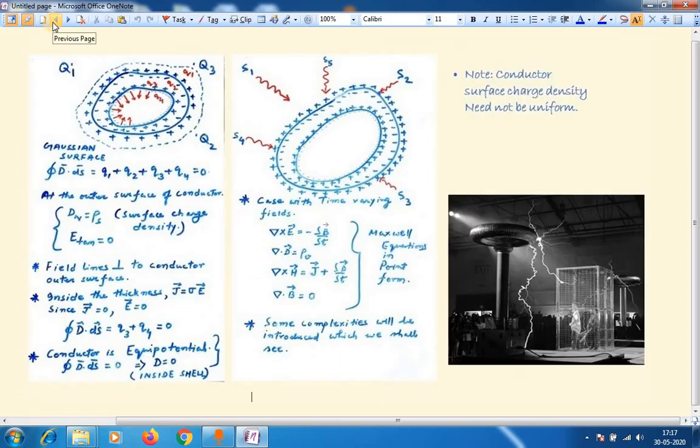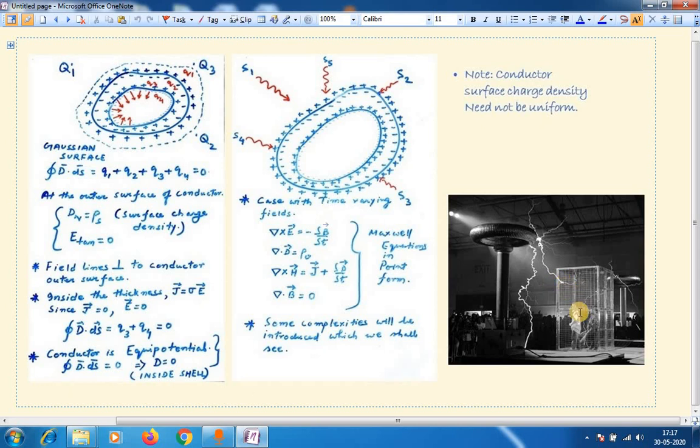Now to realize this fact, let us see this example. In this example, this is a metallic cage, so it's a Faraday cage, I should say, and the person inside is shielded from the electromagnetic fields outside, right? Now since it's a cage like structure, the first thing that it will do is the conductors are conductive enough to give a path to the flow of current.